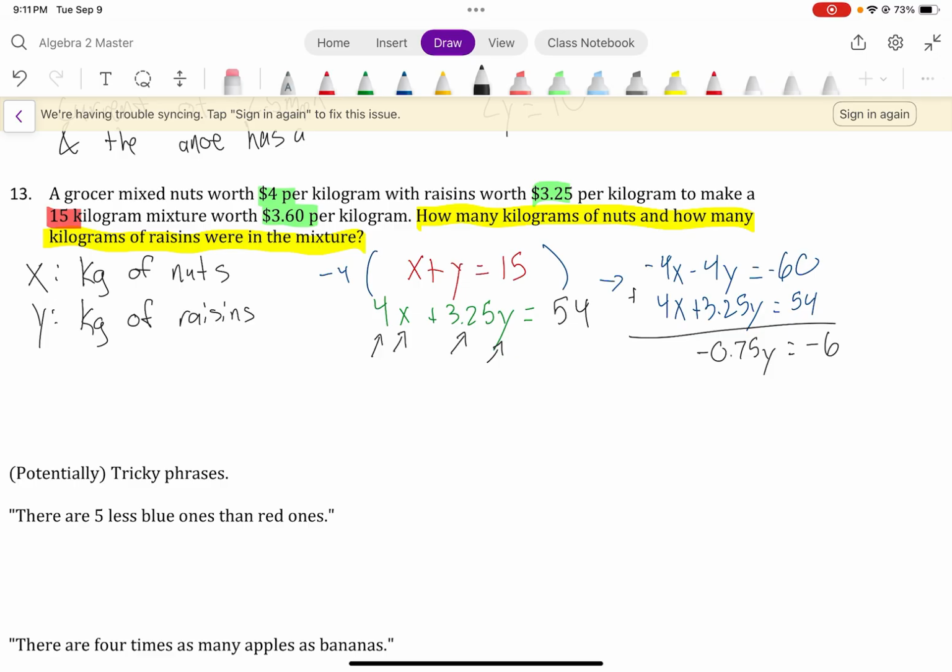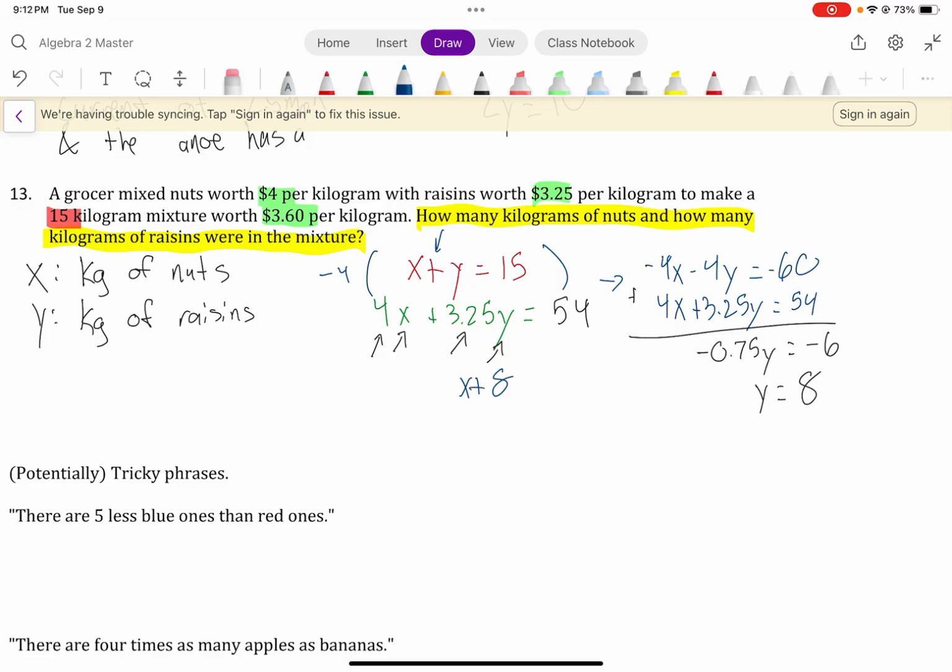In fact, these are fairly nice decimals as far as decimals go. So when I divide by -0.75, I have 8. If this came up as a negative, I would know that something went wrong because I can't have negative kilograms. And now, because y is 8, I'm going to plug it into that red equation.